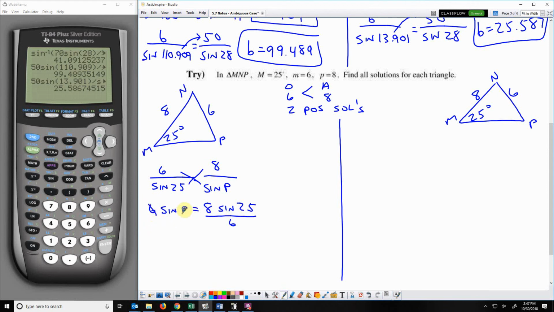And then in order to get P by itself, I can do arc sine. So second sine 8 sine 25 over 6. So I get an angle of 34.298. So angle P is 34.298 degrees.